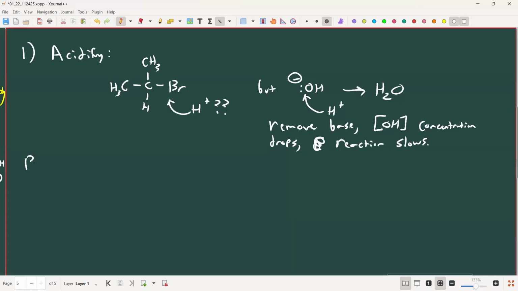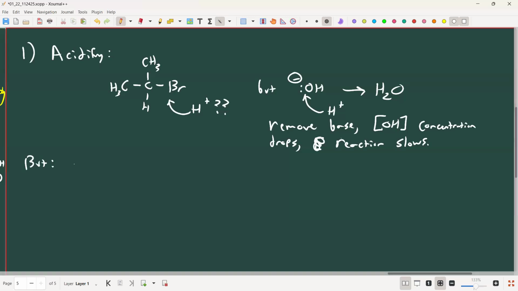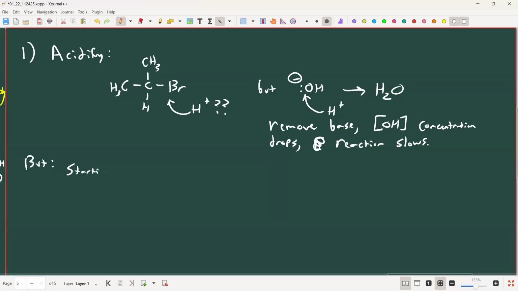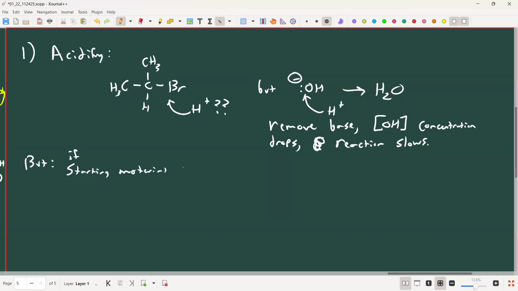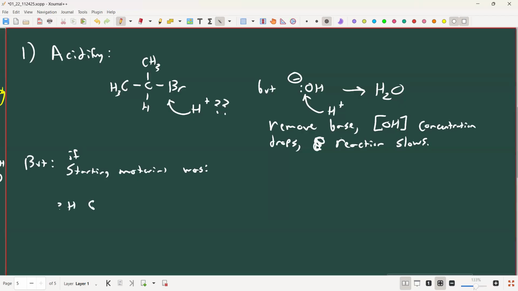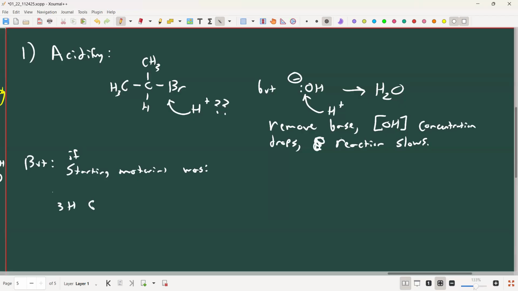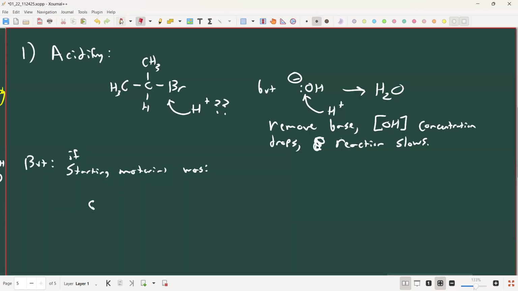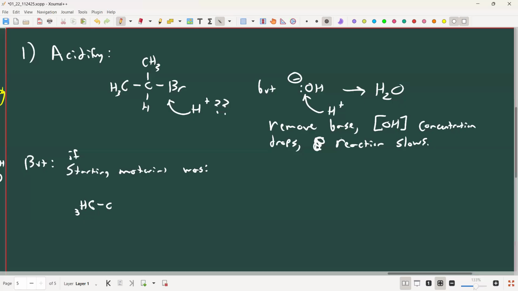But if our starting material was isopropyl alcohol instead, sorry, that's a really bad CH3 group. That's also really bad. Here we go.